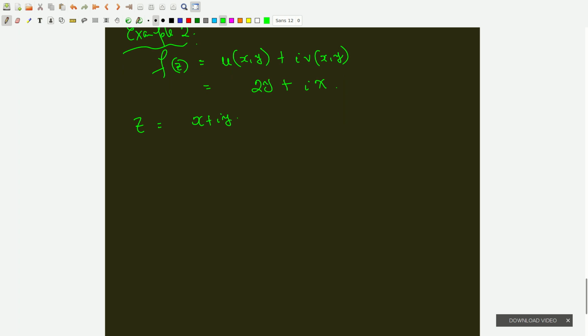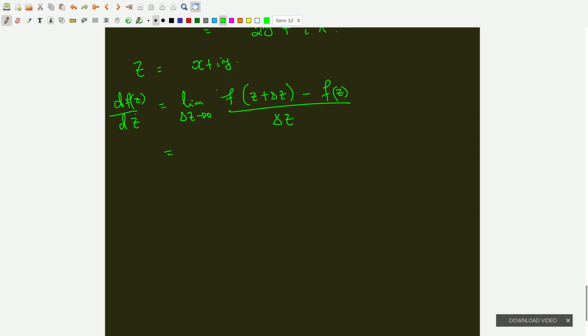Okay, so we said that df of z with respect to dz is going to be equal to the limit as delta z approaches 0 of f of z plus delta z minus f of z, and then we divide everything by delta z.